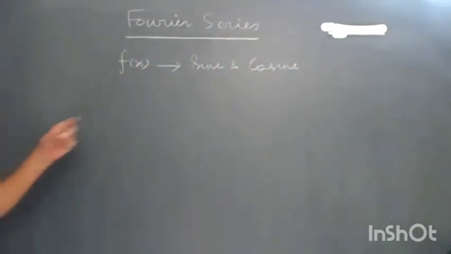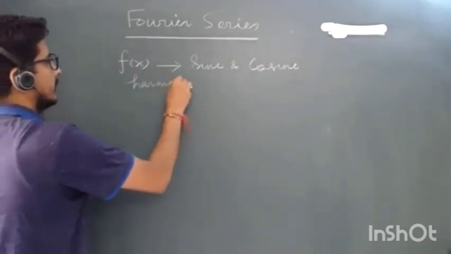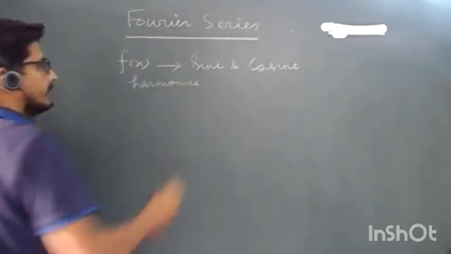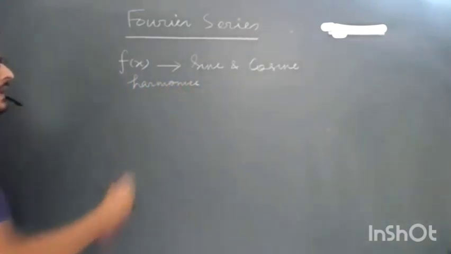So what is the advantage of this? What is the advantage of writing a function in the form of sine and cosine? All of the harmonics can be immediately seen when we write the function in the form of sine and cosine.